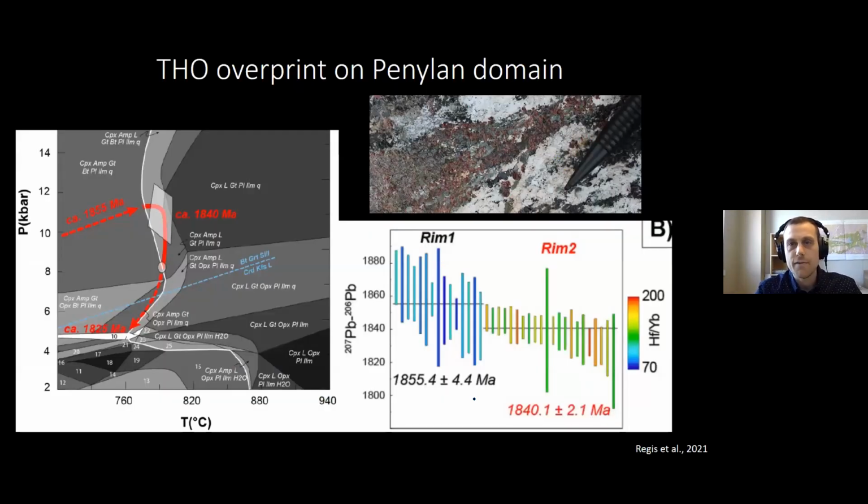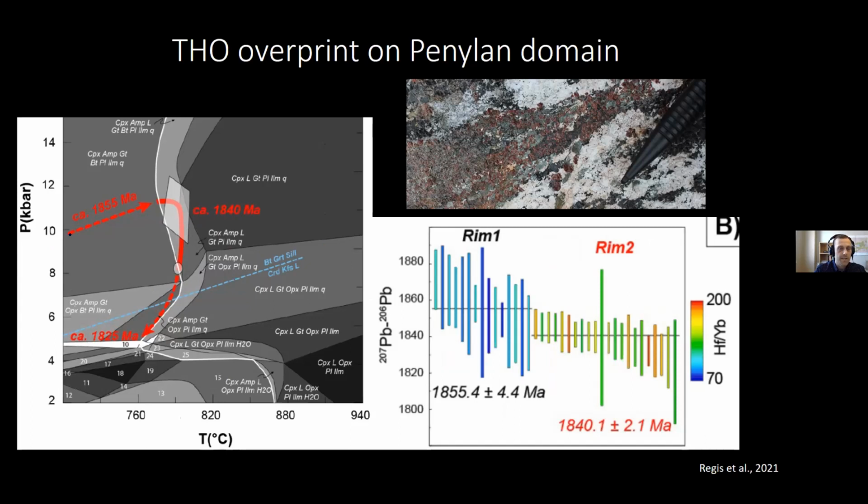This is data from the Penelon domain, showing on the bottom right, we have two zircon populations. We have an earlier population at 1855, and then a second garnet signature zircon population at 1840. I should mention this is work of Daniele Regis at the GSC. And on the left, we can see a PT diagram of how these ages fit into pressure temperature space.